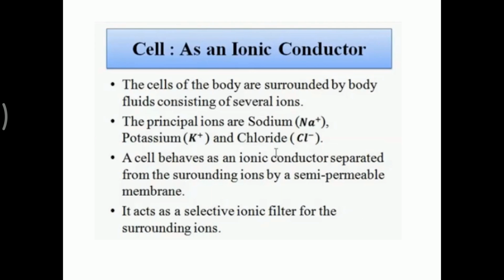Inside the liquid we have chemicals like sodium, potassium and chloride, and these ionic chemicals generate the bioelectric potentials. Sodium is Na plus, potassium is K plus, and chloride is Cl minus. These are the main things which generate the bioelectric potentials in our human body.